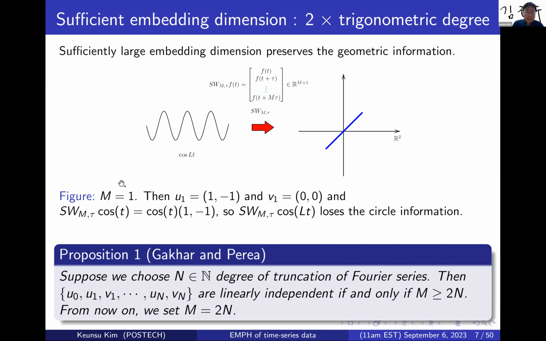For example, if we set m equal to 1, then sinusoidal functions go to a line segment. On the other hand, if we choose m larger than 1, then a sinusoidal function goes to a circle. So to preserve the geometric information, choosing a sufficiently high embedding dimension is important. And Gakhar and Perea proved that twice the degree of a trigonometric polynomial is a sufficient embedding dimension.